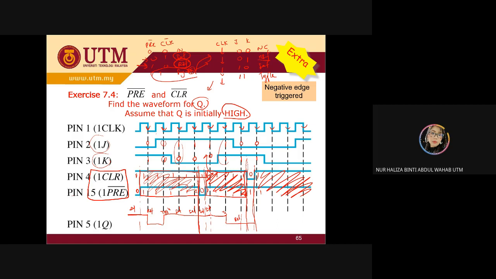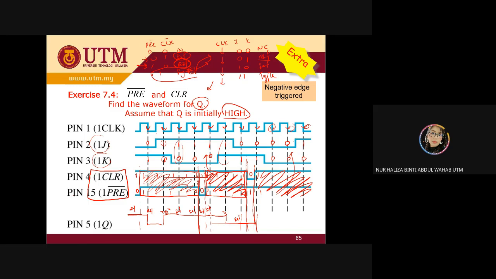1-1, I need to consider back my flip-flop. My flip-flop is going to look into the clock. So here I continue until my next negative clock. I want to check the value. It is 0-1, 0-0, 0-0, 0-0, 1-0.